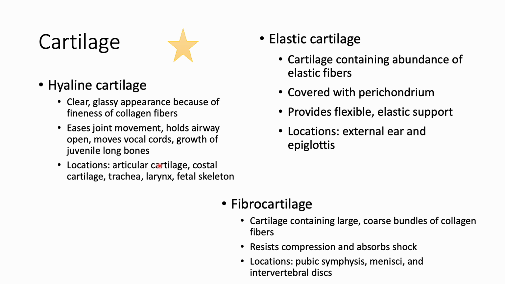Is it just bone on bone? No. At the end of your femur, you have articular cartilage. Also on top of your tibia and fibula, and at the head of your humerus. So you find this cartilage at the ends of your long bones, helping with ease of joint movement.